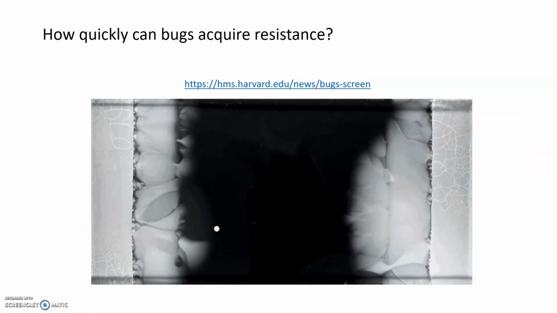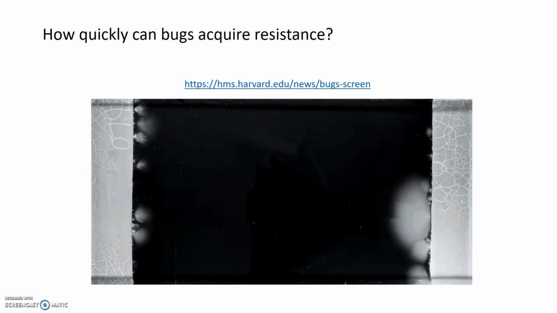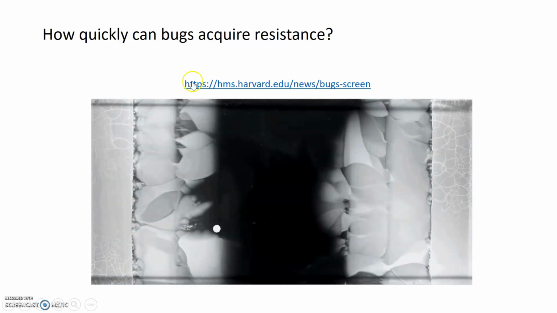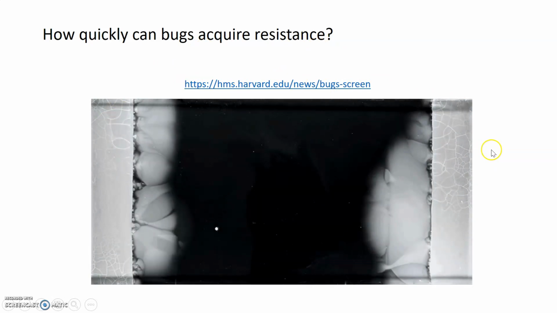And this process can happen really quickly through conjugation or through other horizontal gene transfer methods. And so what I would suggest is that you watch this short video about how this experiment was conducted.